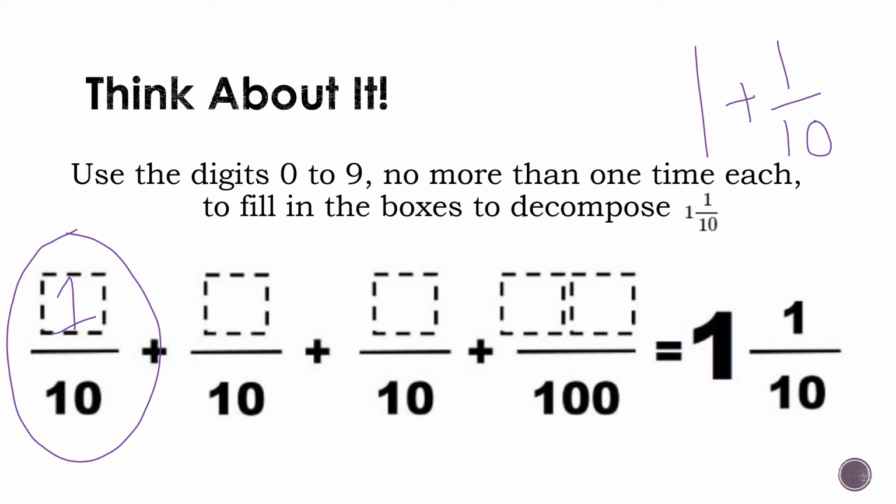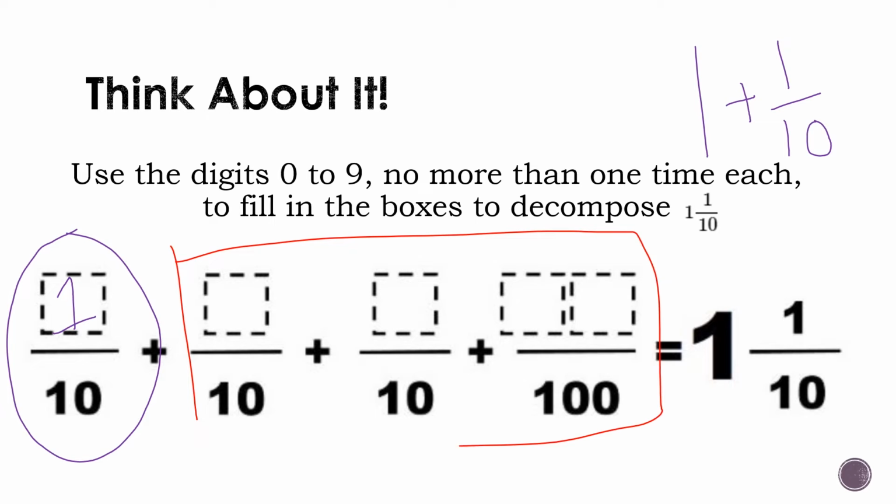That means the rest of the addends added up together have to equal 1 whole. Can you think of 3 fractions added up together that equal 1 whole?